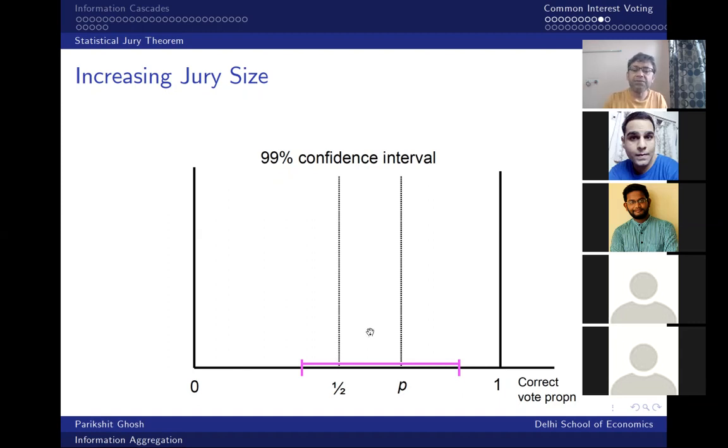But as you increase the jury size, it'll eventually reach a point where the confidence interval lies entirely above half. That means that the probability that they'll vote correctly is at least 99%, because the entire 99% confidence interval lies above the decision-making threshold. So that'll make sure that the jury chooses correctly. So that's your simplest illustration of the wisdom of crowds through voting.